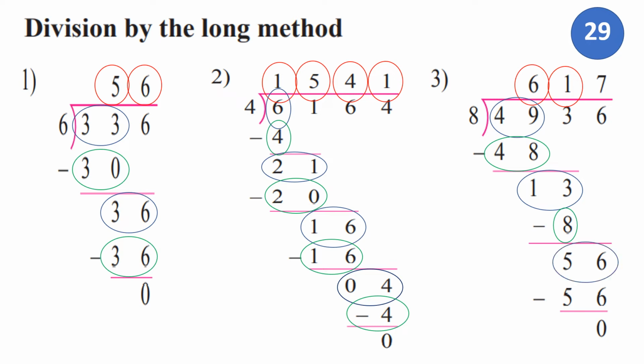Now you have 56. 56 divided by 8 is 7. 7 times 8 is 56. Now 56 minus 56 is 0. This is your remainder, 0. You don't have the next number. Your answer here is 617. Correct, students?